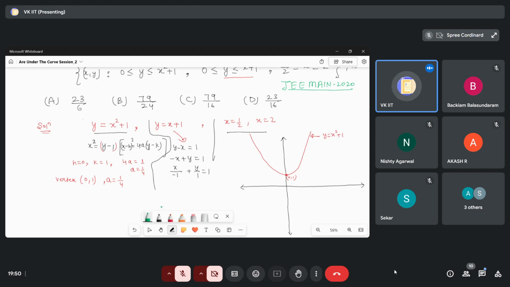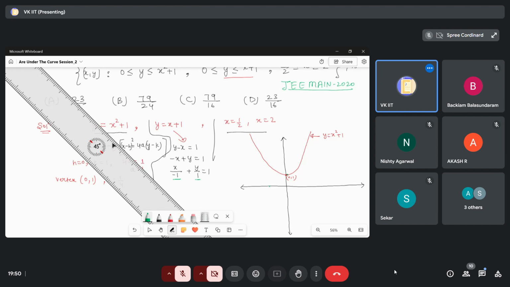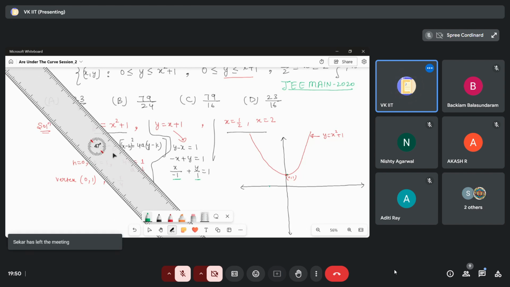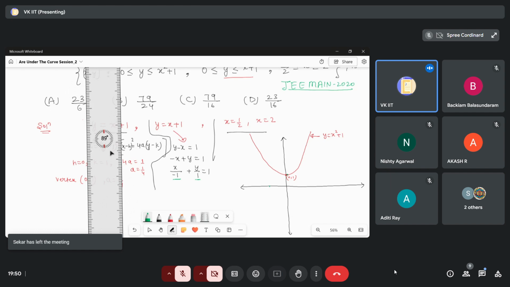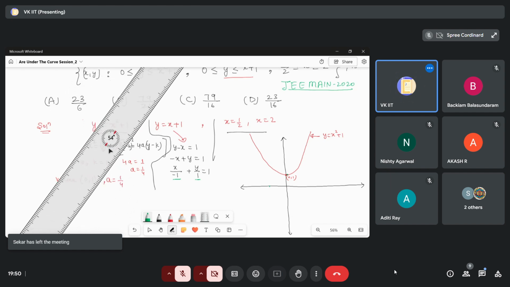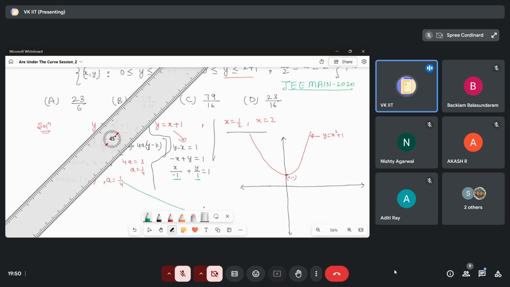The second curve is the straight line. X has a negative intercept, y has a positive intercept. So minus 1 somewhere here, let's say, and plus 1 is already here. That means the line will be passing like this.